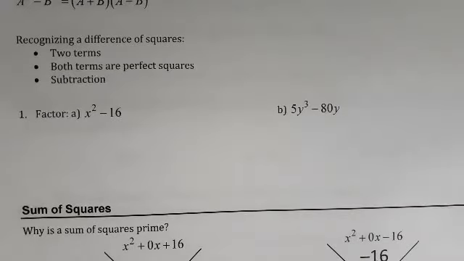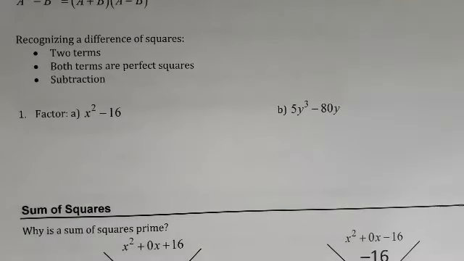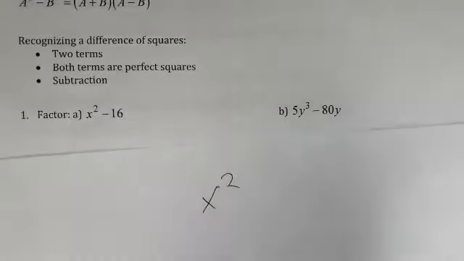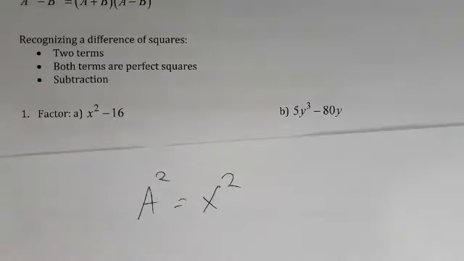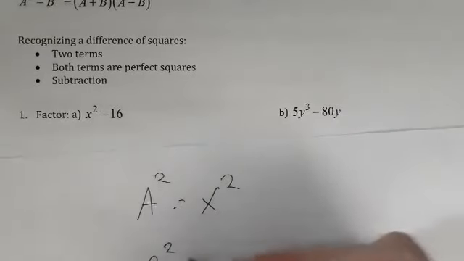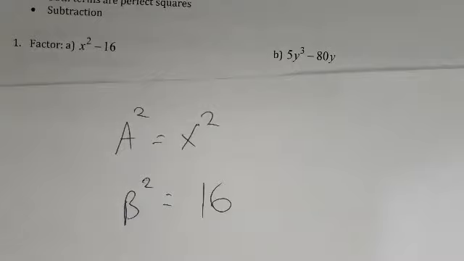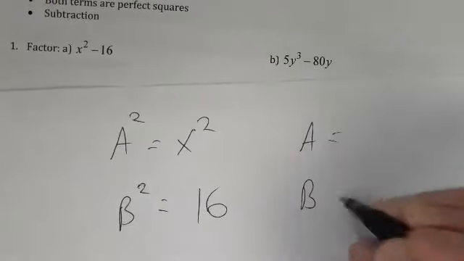We're going to factor these things. So we're starting with the squares. The first thing I'm thinking is I see an x squared here, and that's my a squared, and this is my b squared. I know my a squared and I know my b squared, but what I really want to know is my a and b.